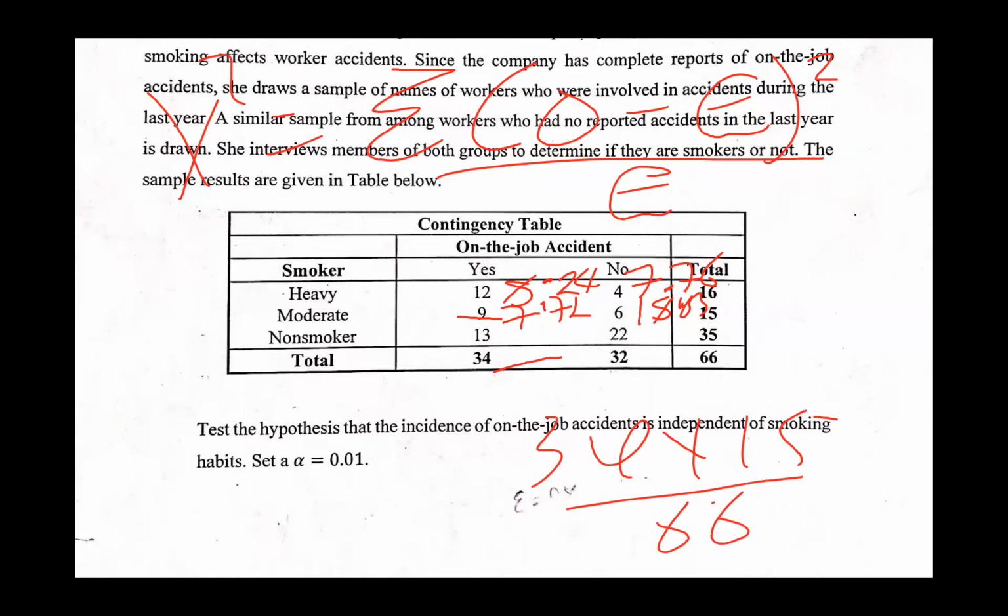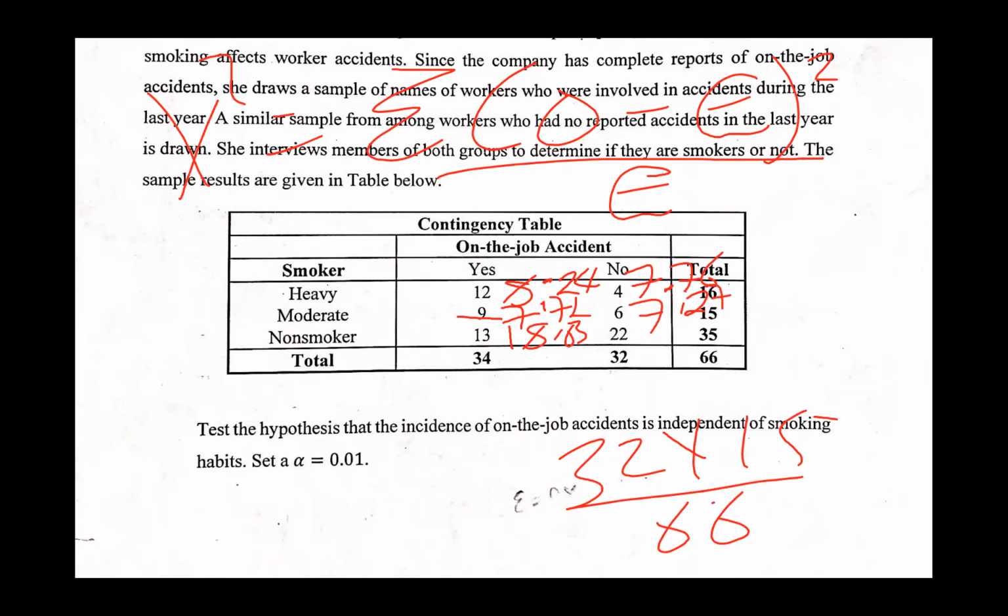Did you do 32 times 15? 7.27. Okay, 7.27.